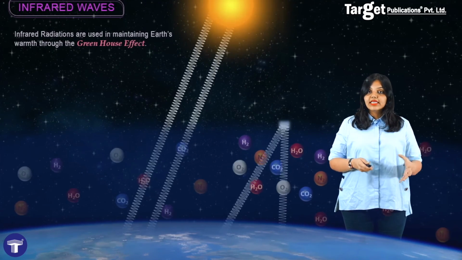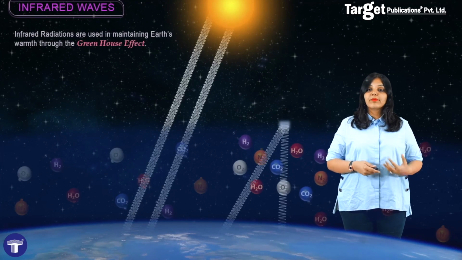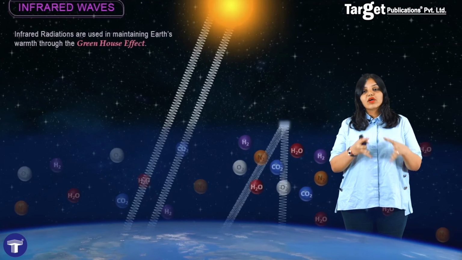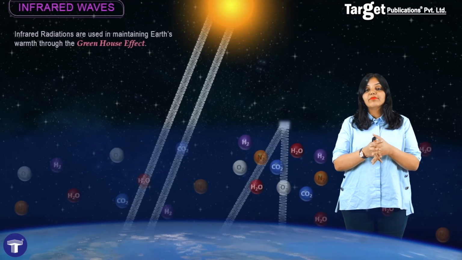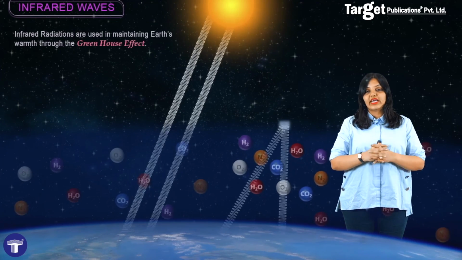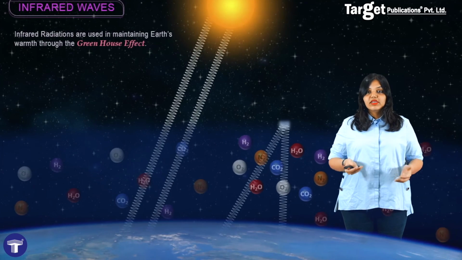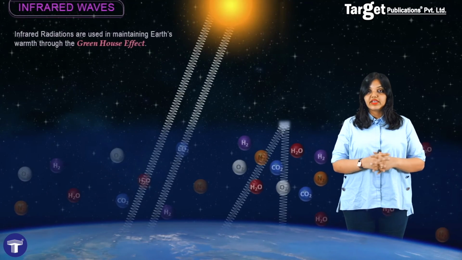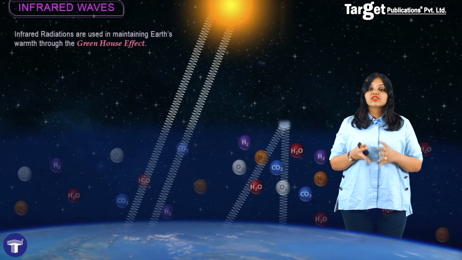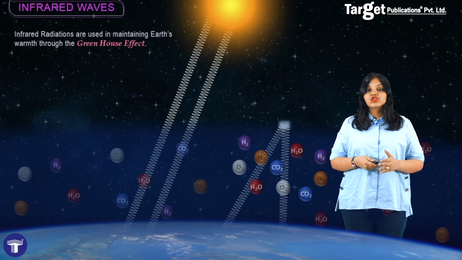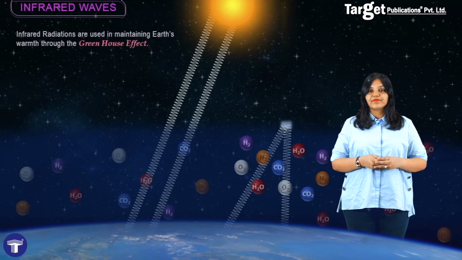They are trapped in the atmosphere by molecules of water vapor and carbon dioxide. And because of that, the temperature of the Earth is maintained to a temperature where it is warm enough for life to sustain. So because of the greenhouse effect and the trapping of infrared radiations, the Earth's temperature is viable for living. And in this way, infrared radiations are used to maintain the Earth's warmth.